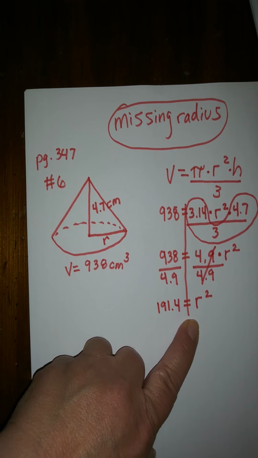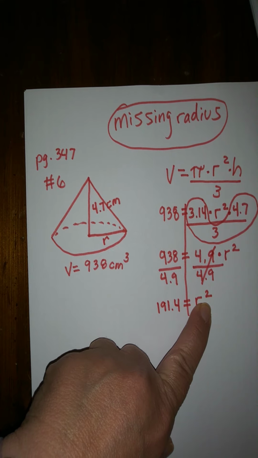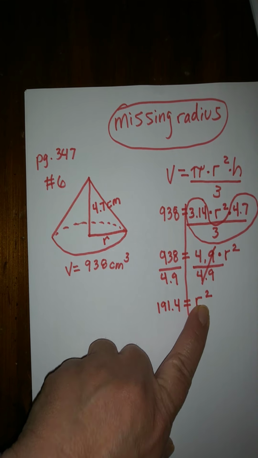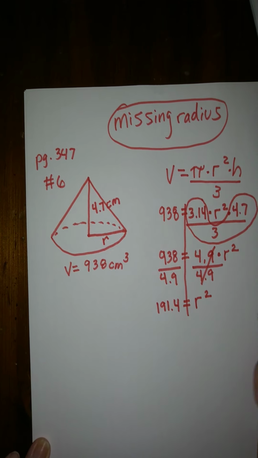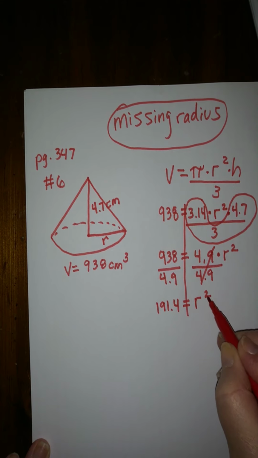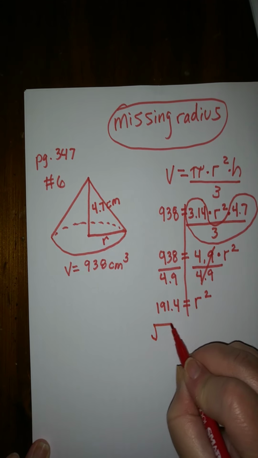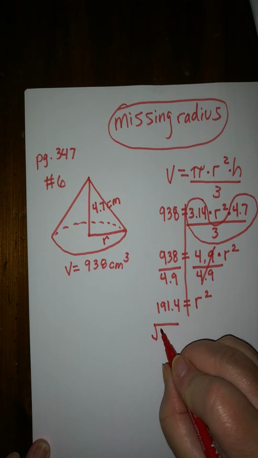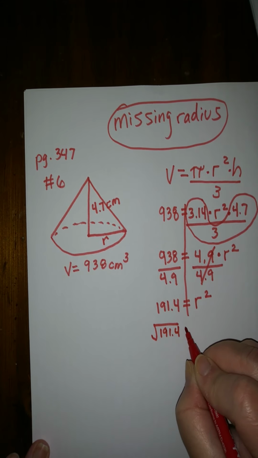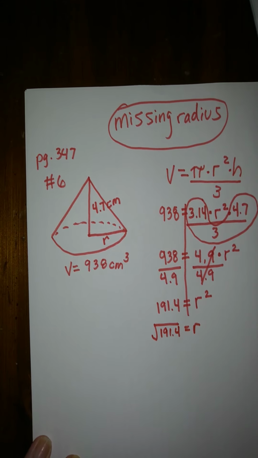You'll notice that r is by itself, but r is squared. So remember, if you go back to the last chapter, to get the r by itself, you have to undo squaring. So remember, we have to take the square root of 191.4, and that will get r by itself.